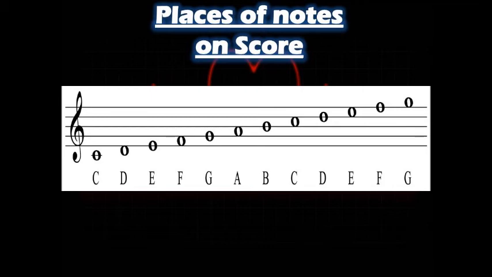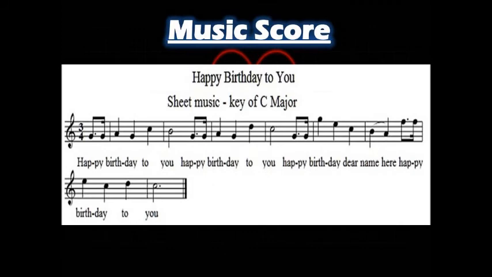Now, as we have learned everything about the score and its components, let's have a look at a real example. Let's take a song and deconstruct it to see its inner elements. We will take the Happy Birthday song because we have already learned it on our guitar. Let's take a look.